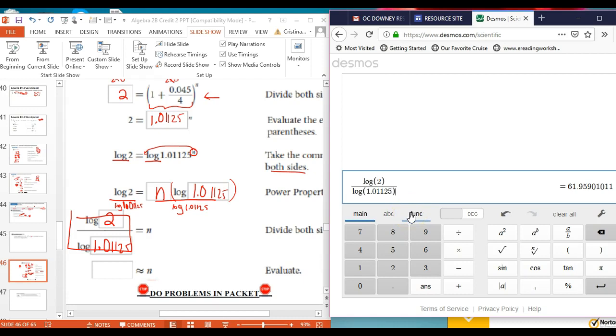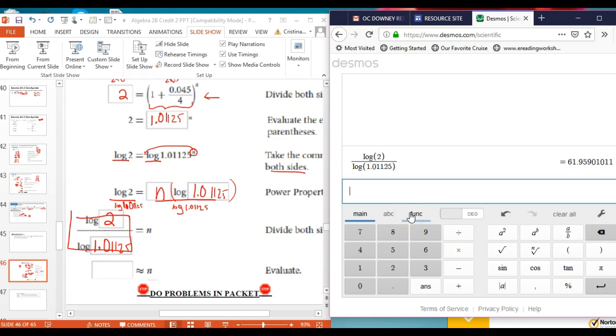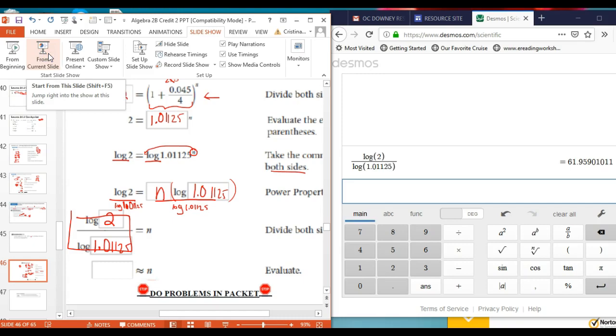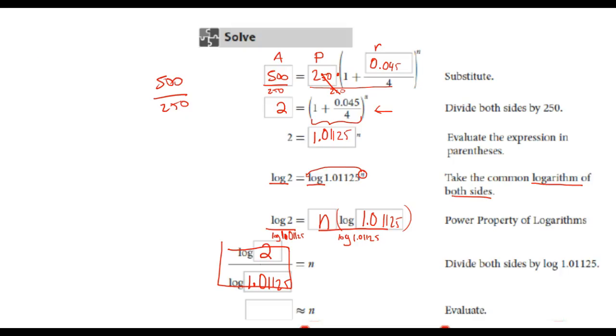Okay, and that should be about 61.95. That's kind of cool. So let's go ahead and record that on our paper here. And that would be n is about 61.95, or you could round it 61.96, somewhere about there, right?